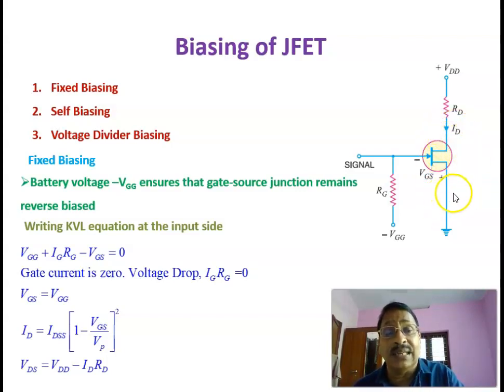VDS can be calculated by writing the output loop equation: VDD equal to ID into RD plus VDS, or VDS equal to VDD minus ID into RD. Like that you can find the drain to source voltage, and from the earlier equation you can find the drain current ID.